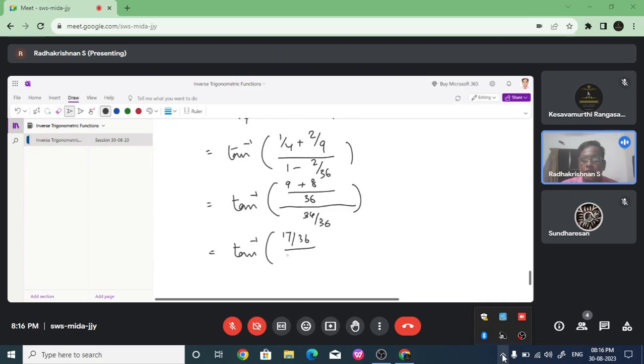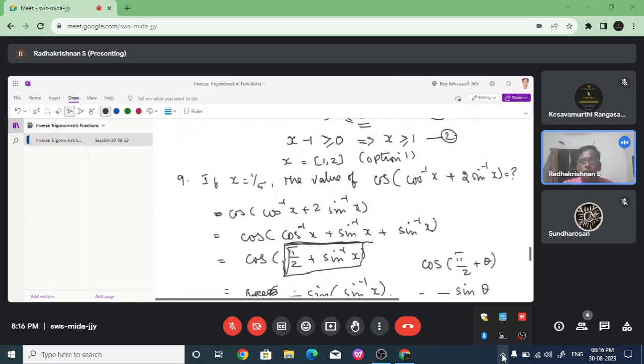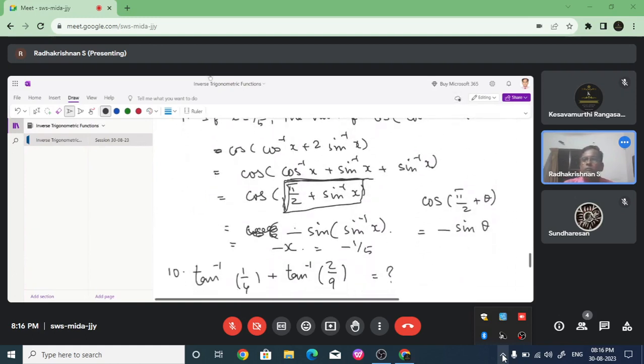Numerator is 17 by 36, denominator is 34 by 36. So it becomes tan inverse of 1 by 2. So what are the given options? Sir, option 4, sir.